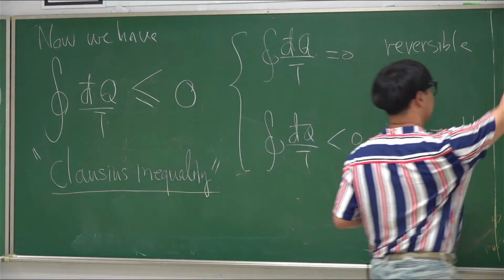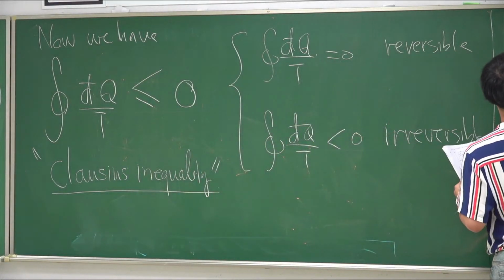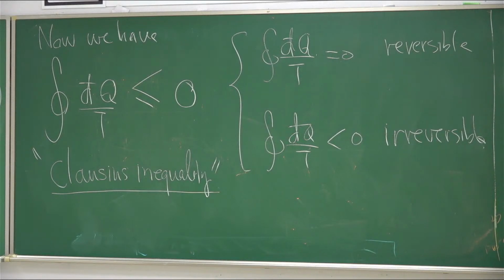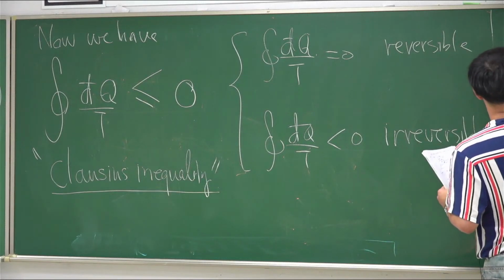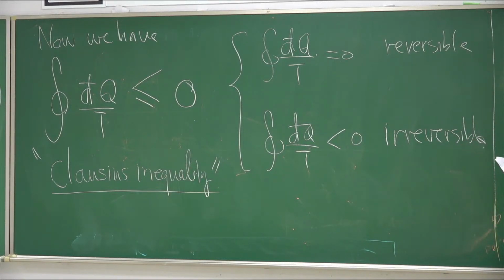So now, next, we consider, suppose there's A, B. So I get part 1, which I would like to use the yellow line to indicate that actually this is irreversible.